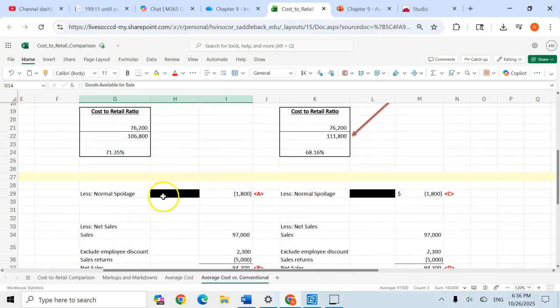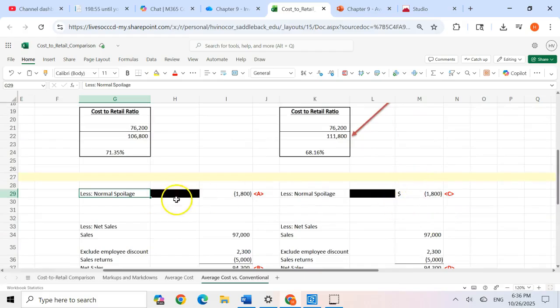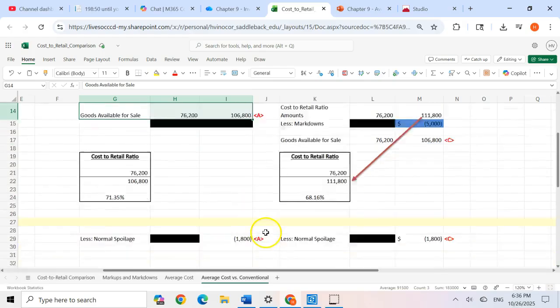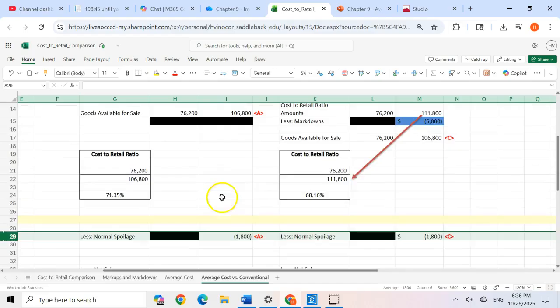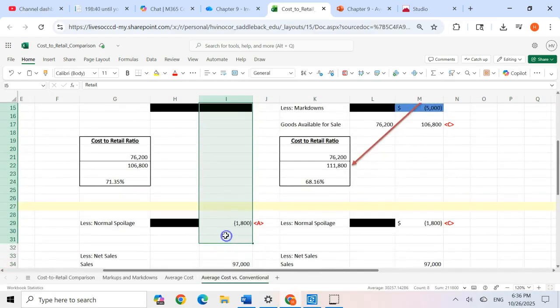We know that normal spoilage is not going to be available for sale because we can't sell it. So therefore, anytime we have normal spoilage, we are going to reduce our ending inventory number for it at retail. However, it does not go into our cost of goods available for sale number. So it is deducted from the ending inventory at retail number, which is this number right here. Right here is my $1,800 normal spoilage, but it's just after the goods available for sale.